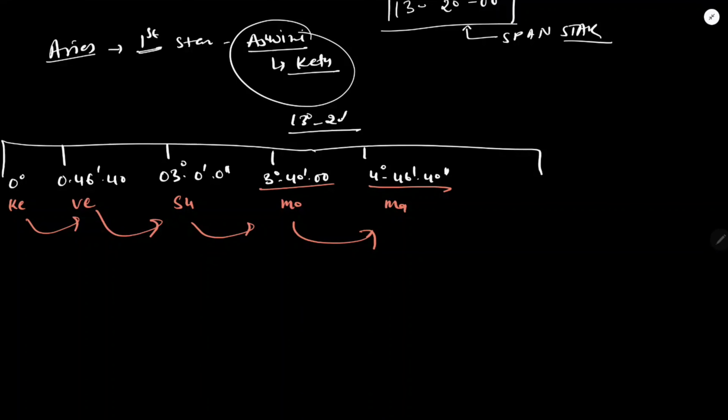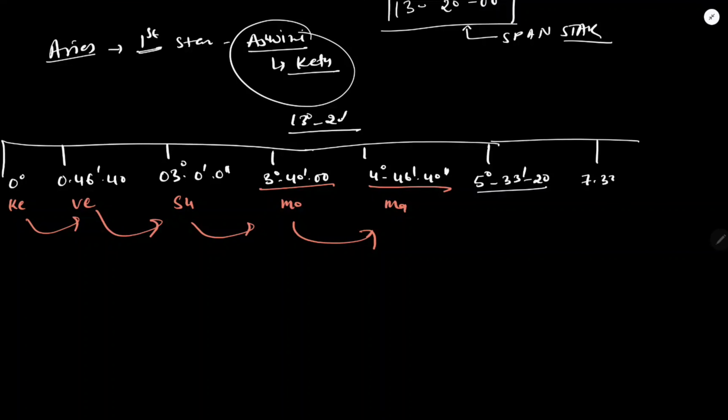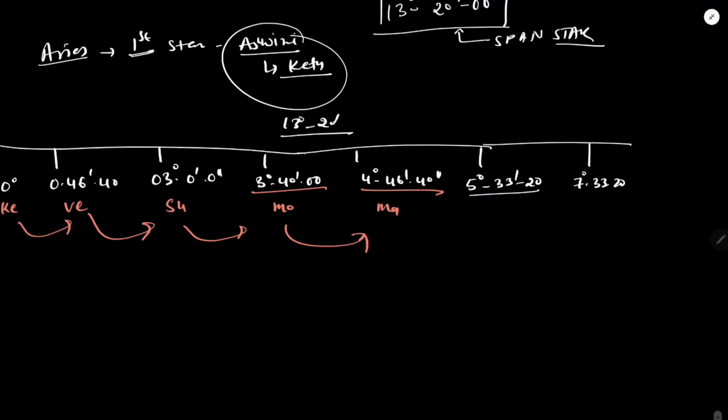We are adding the span of each sublord and getting these figures. After Mars, we get 5 degrees 33 minutes 20 seconds. Then next, we add Rahu's span, and it becomes 7 degrees 33 minutes 20 seconds.